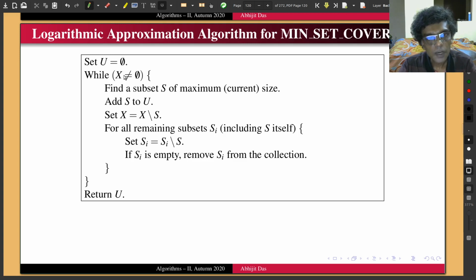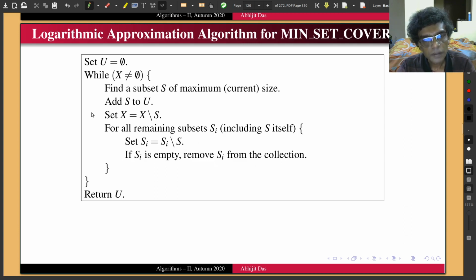As long as there are more elements to cover, that is, X has not reduced to the empty set, find a subset S with the maximum current size and add S to this collection U. Since all the points in S are covered, we simply remove all the elements of S from X, and for all the remaining subsets Si, including S itself, you just remove the common elements from Si, and if Si is empty, remove Si from the collection.